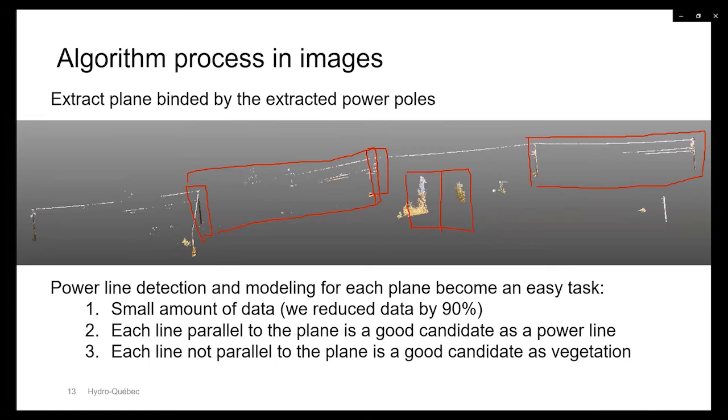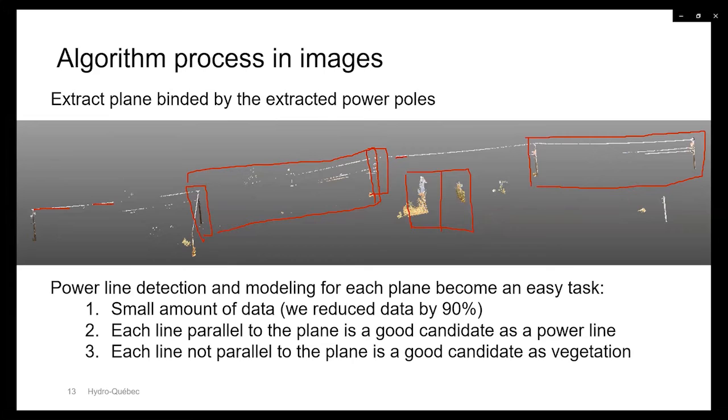And now, our algorithm will try to find sticks, or what we call lines, in this plane. And what is interesting is that, because we have a plane, we can also ask our algorithm to detect lines that are only parallel to the plane.